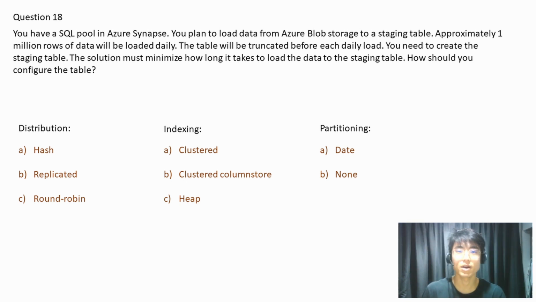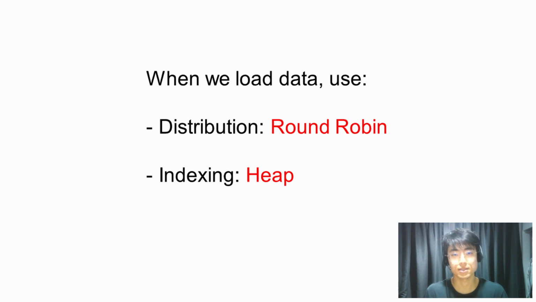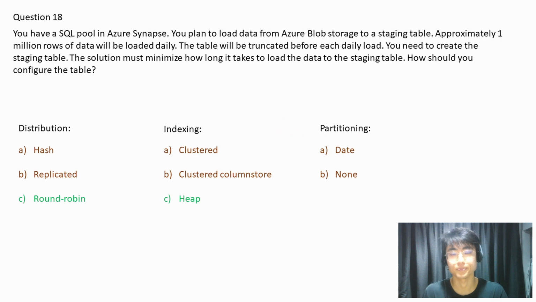This question is about the best practice to load data from Azure Blob storage to a staging table. When we load data to a staging table, the best practice is to use round-robin distribution. And for indexing, the best practice is to use heap. So the answer is the first two parts of the question here. And the third part asks about partitioning.